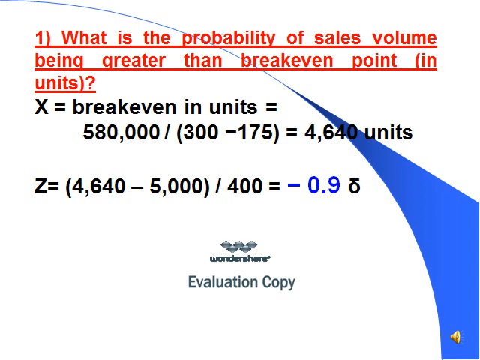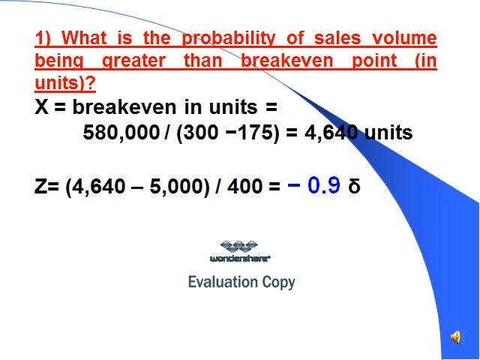Required number 1. What is the probability of sales volume being greater than break-even point in units? Here x equals the break-even point. The break-even point equals fixed cost divided by selling price per unit minus variable cost per unit.